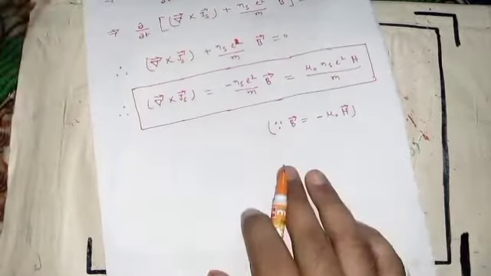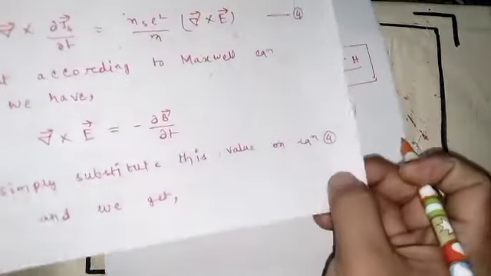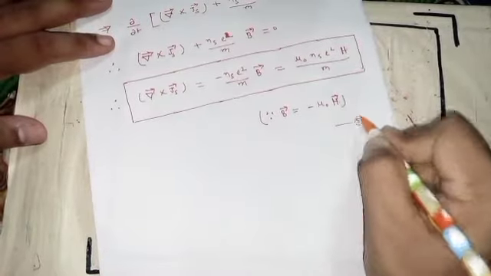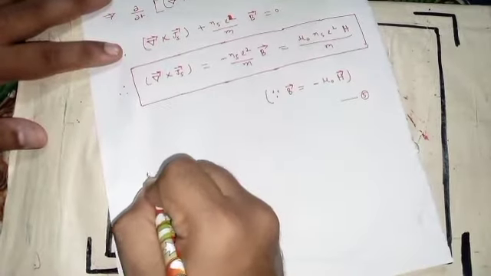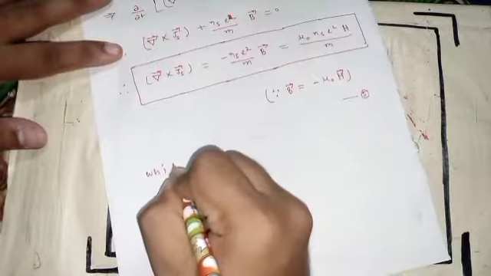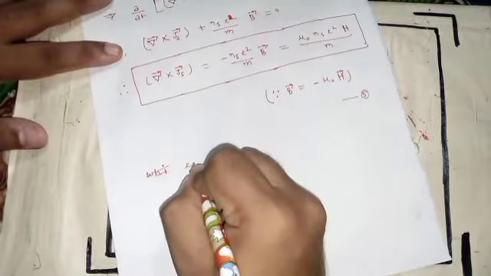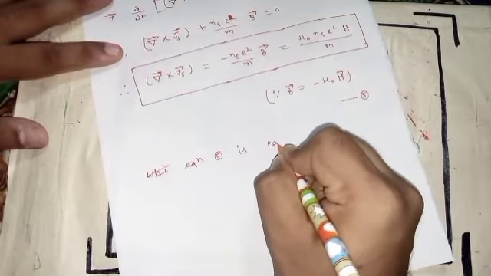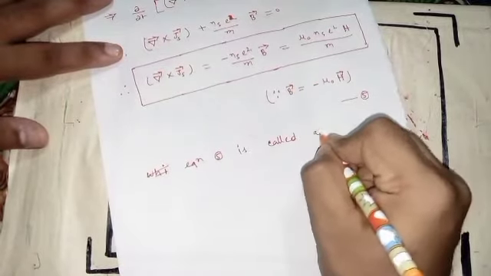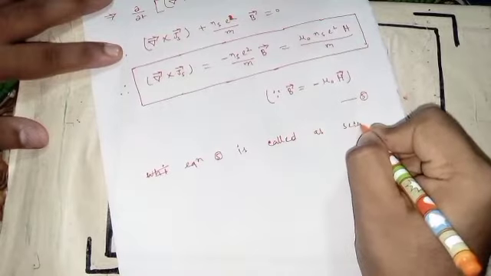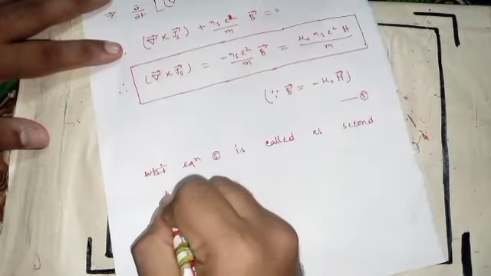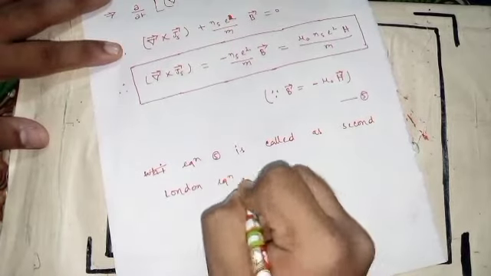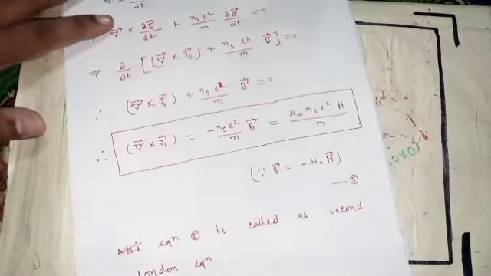Earlier we got equation 4, so this will be equation 5, which is called the second London equation.